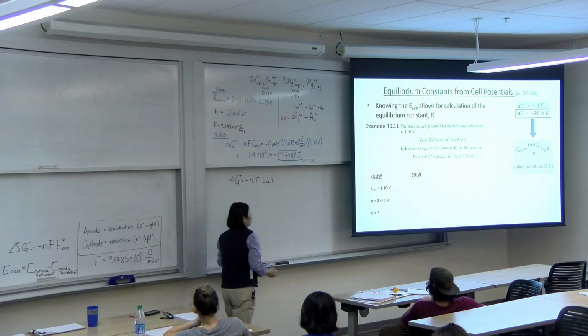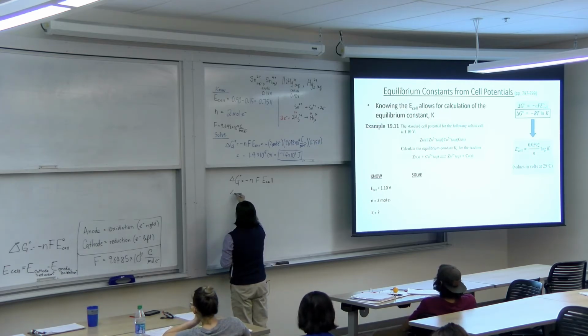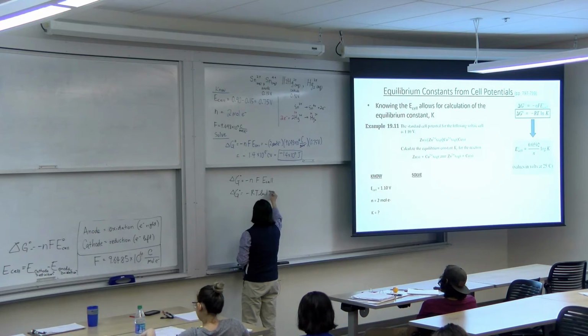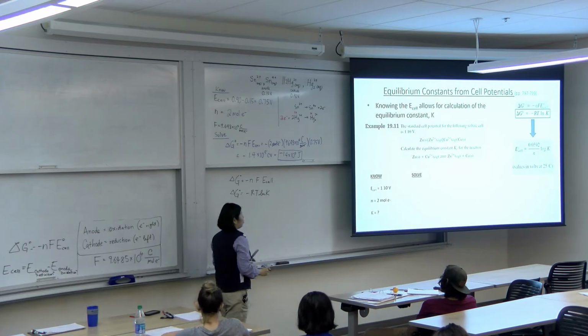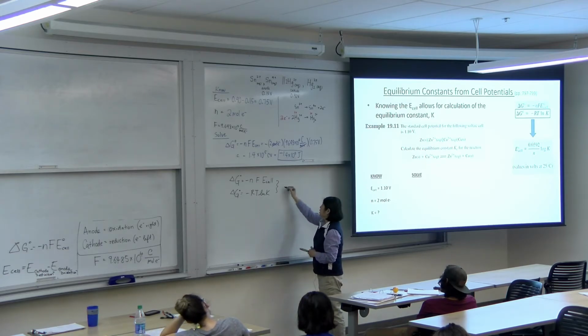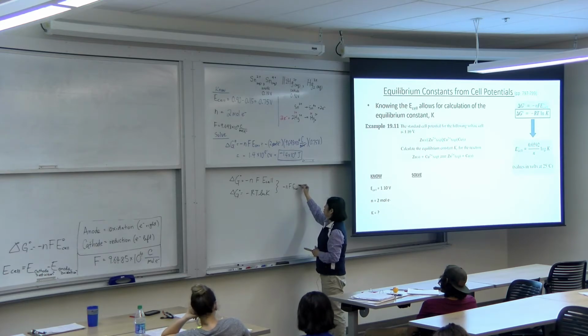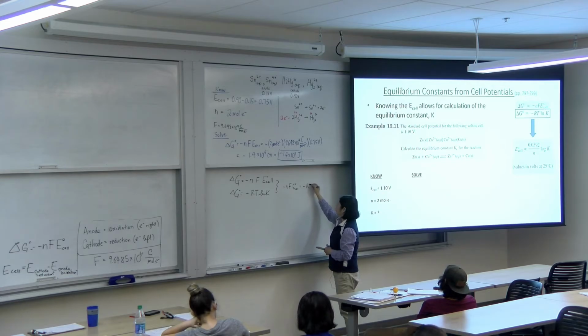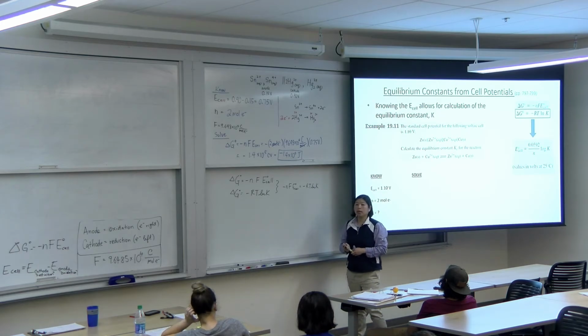We also know delta G from our previous chapter is equal to minus RT ln of K. So if we set those two equations equal to one another, minus nF E cell must equal minus RT ln of K. We're setting those equal to one another because they both equal delta G.